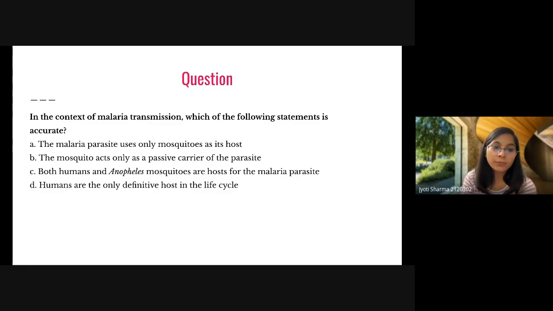C: both humans and Anopheles mosquitoes are hosts for the malaria parasite, and D is in the life cycle. We already talked about this in the last figure, and based on that, you can tell which is the accurate statement.